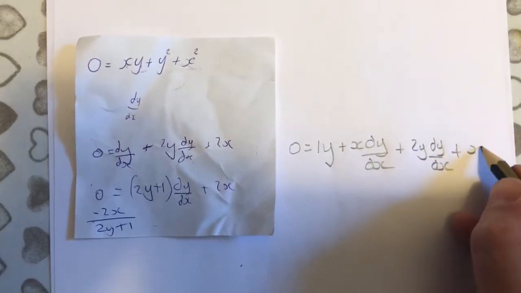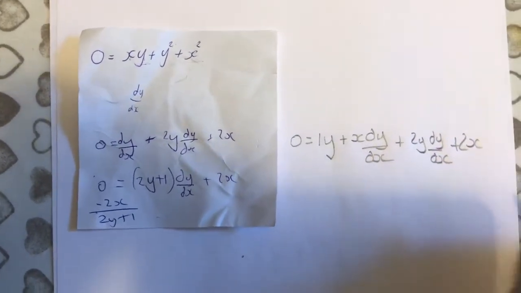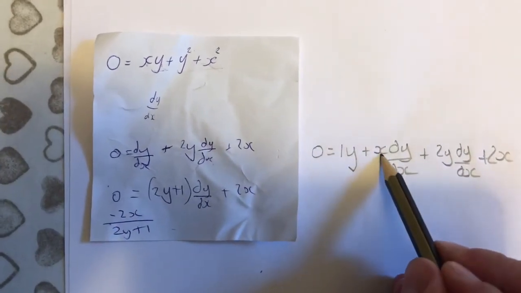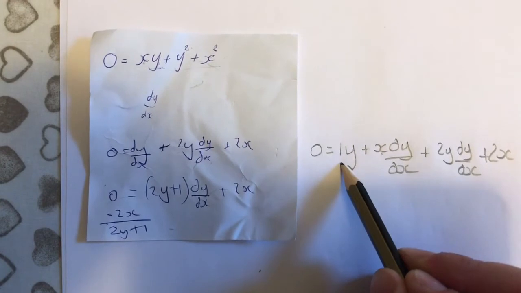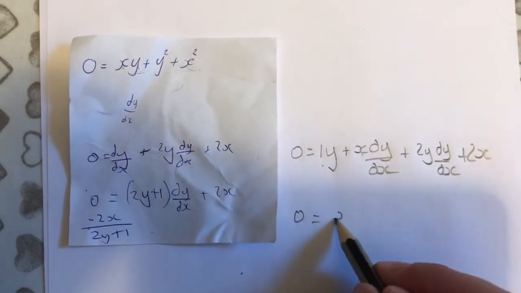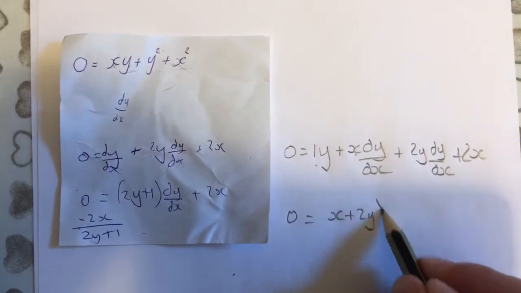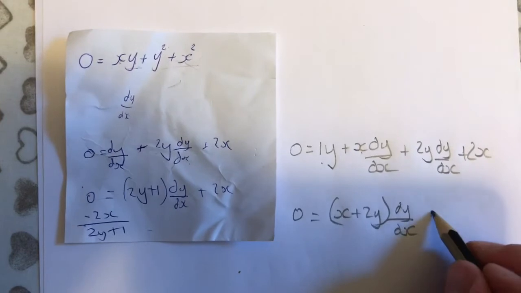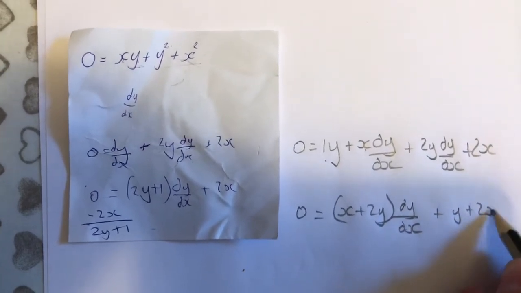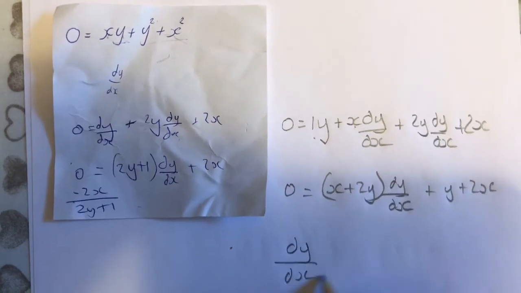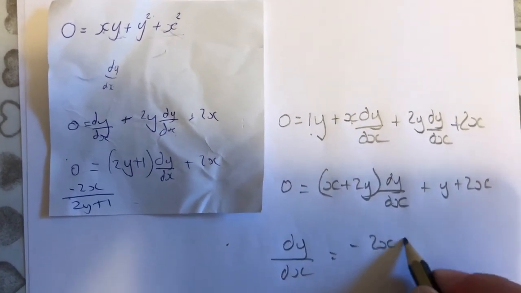and then differentiating that's perfectly fine, we just get the 2x as normal. And now when I rearrange this, there's the x that I was missing and there's the y that I was missing, basically. I'm going to get 0 equals x plus 2y dy by dx plus y plus 2x, and then I get dy by dx is minus 2x plus y.